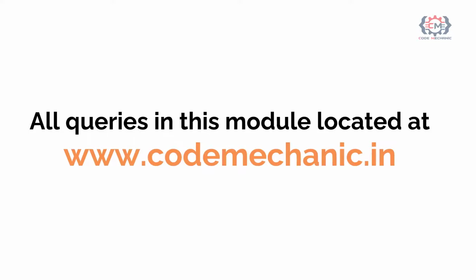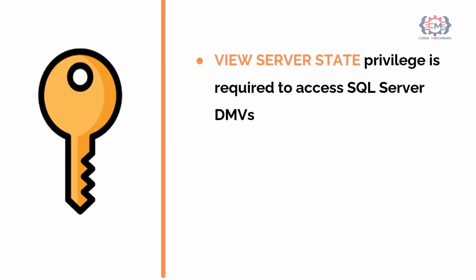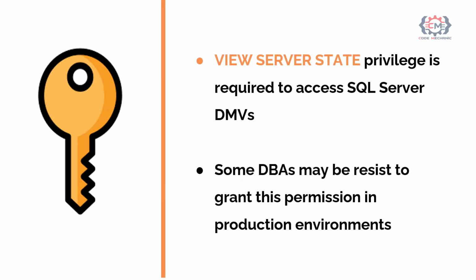So with that, let's start by talking about the permission we need in SQL Server in order to access the DMVs and run the queries that we are going to see in this module. In order to query the dynamic management views, your SQL Server user needs to have the VIEW SERVER STATE permission granted to it. And unless you are a DBA, you are unlikely to have this permission by default.